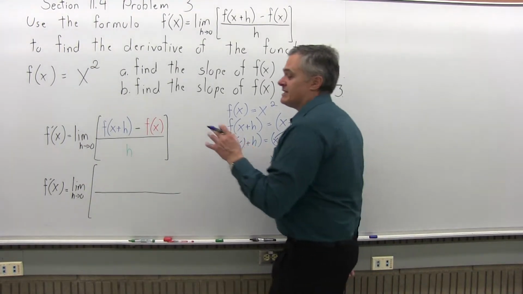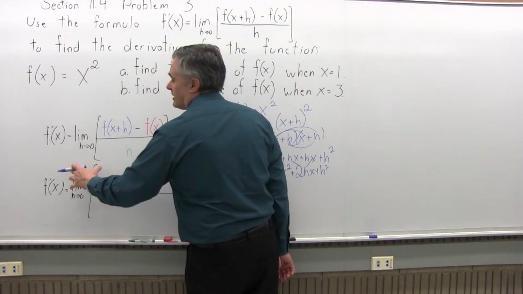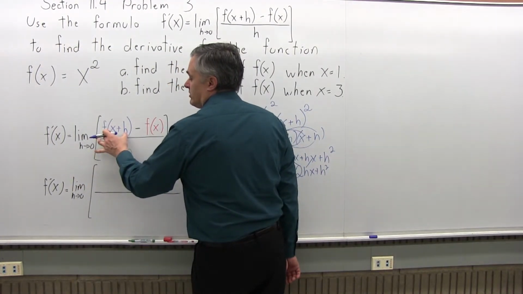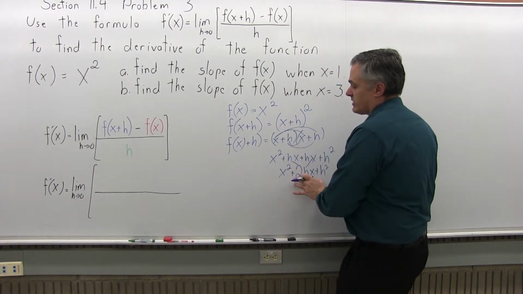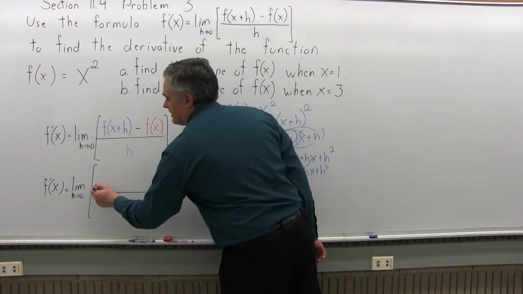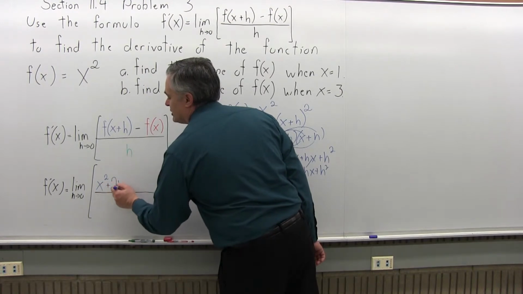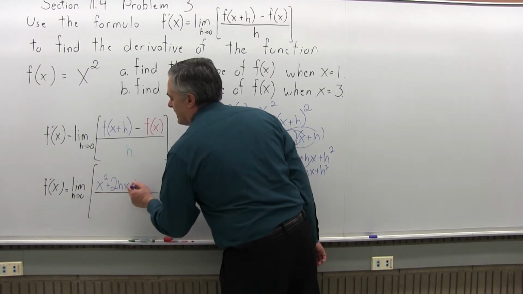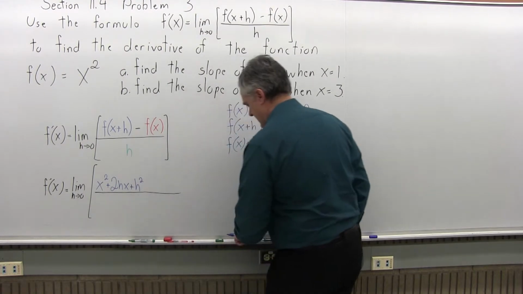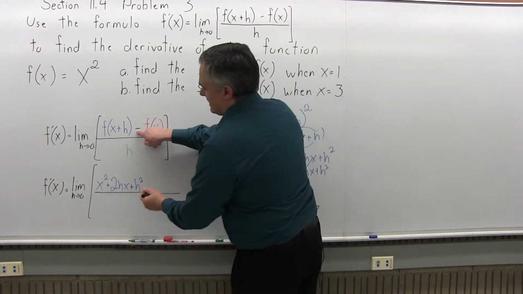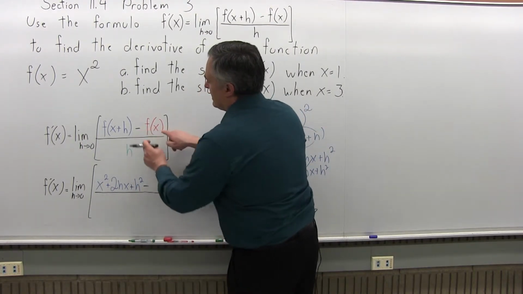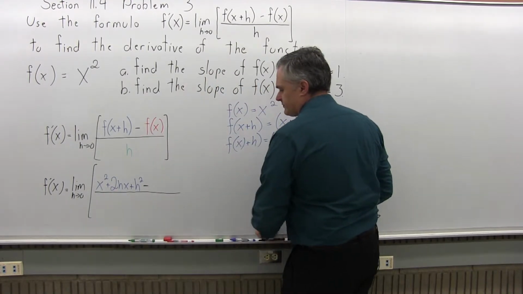So now, as I fill out the formula for my f prime, my derivative formula, the part in blue, the f of x plus h, after doing some work and some simplification, is x squared plus 2hx plus h squared. So now I have a minus as part of the formula. Then f of x.